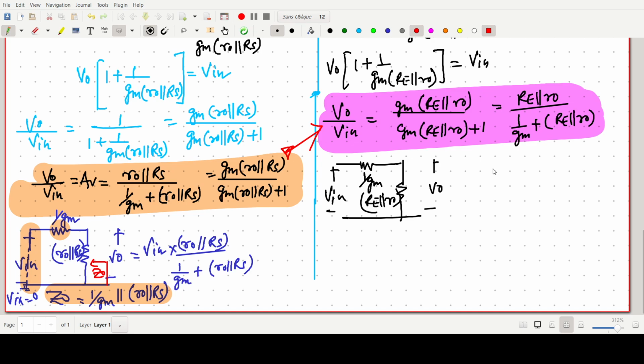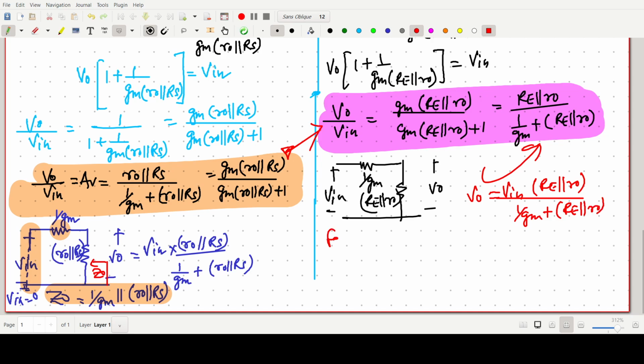So V out equals V in into RE parallel with R naught by 1 by gm plus RE parallel with R naught.